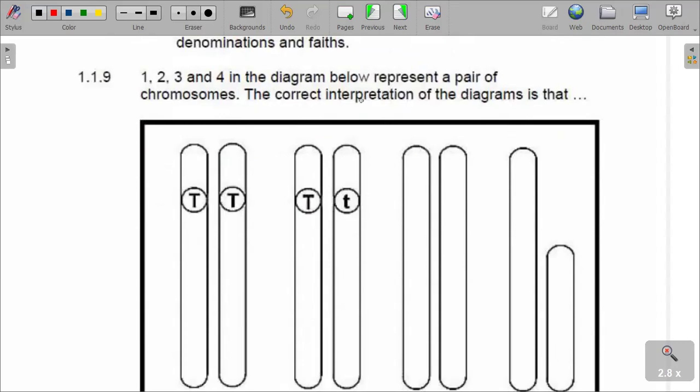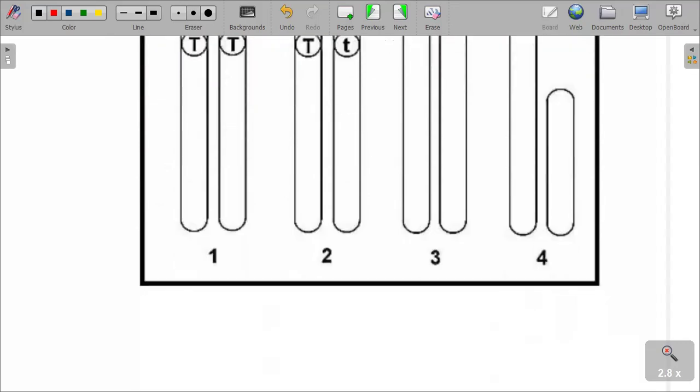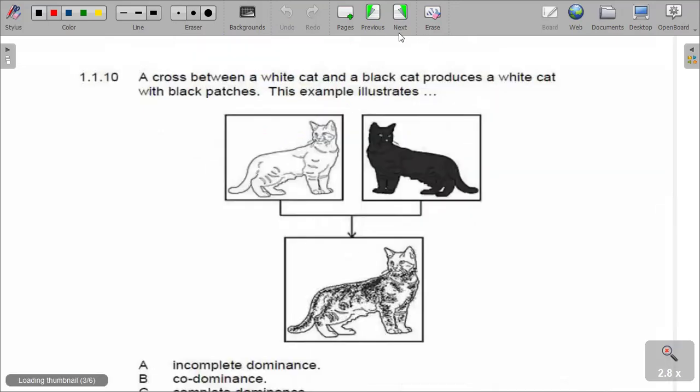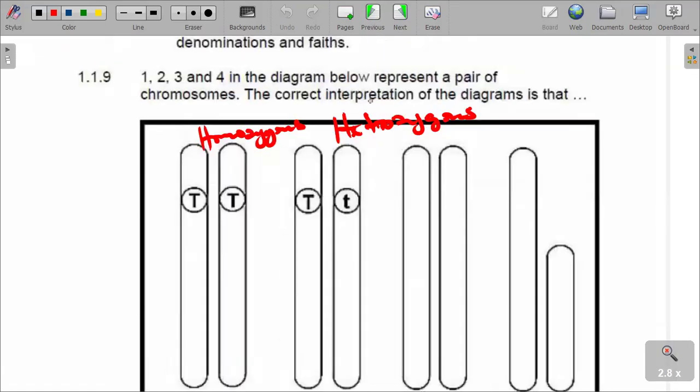1, 2, 3, and 4 in the diagram below represent a pair of chromosomes. What is the correct interpretation of the diagram? Here we have a homozygous, and here we have a heterozygous expression. And then what is the question asking?